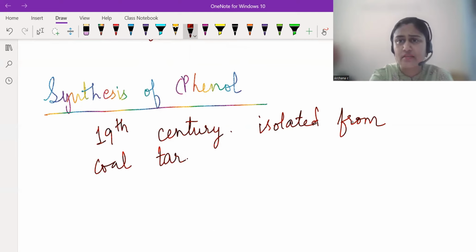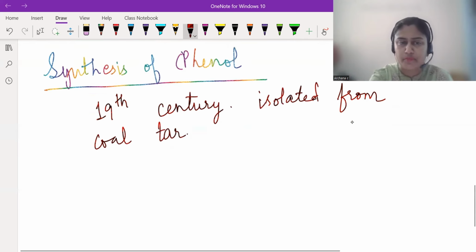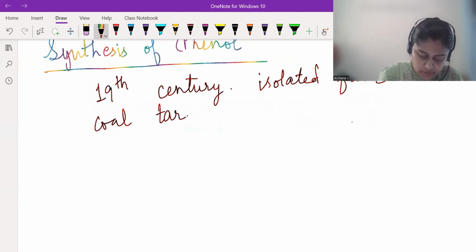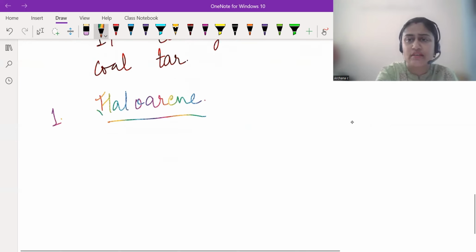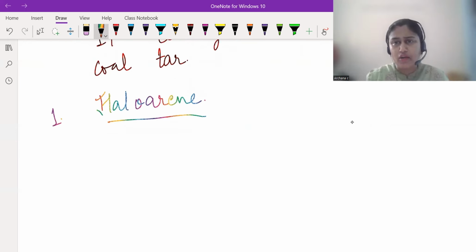So there are various syntheses. We'll consider the most important 3 or 4 syntheses. So let's begin. The first synthesis will be from haloarene. As the name suggests, haloarene means halogen is attached to the aryl group.